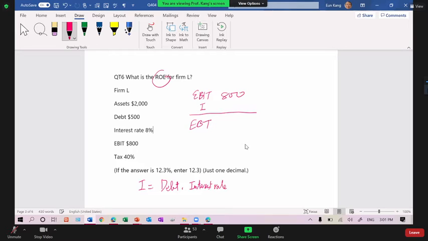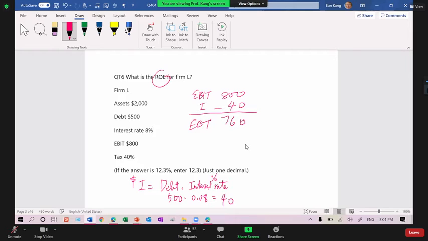So I is dollar, interest rate is percentage. So that is 500 times interest rate 8%, $40. So minus 40, then what?